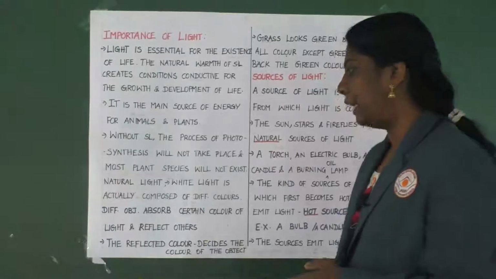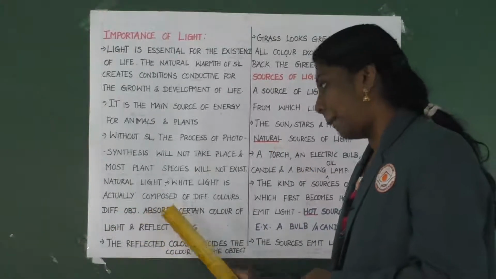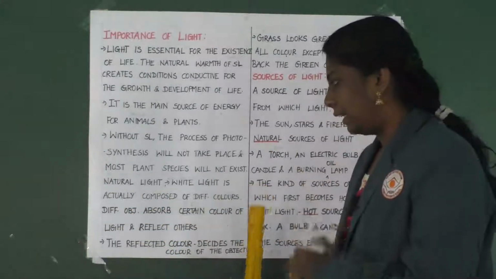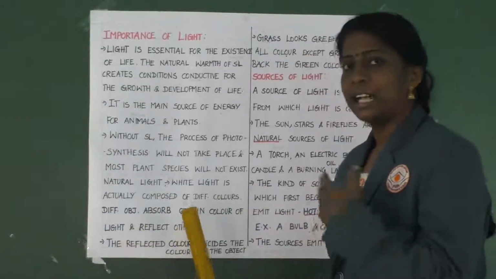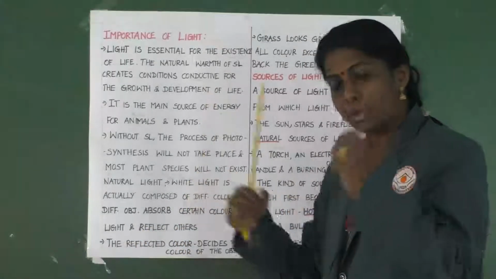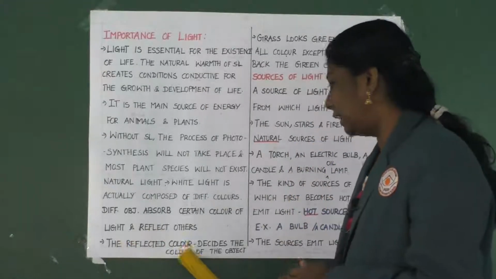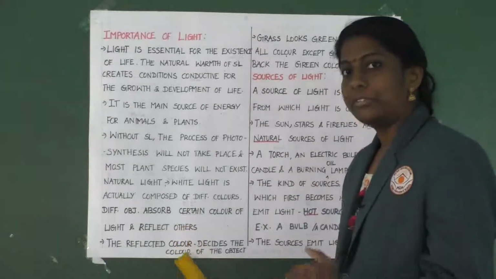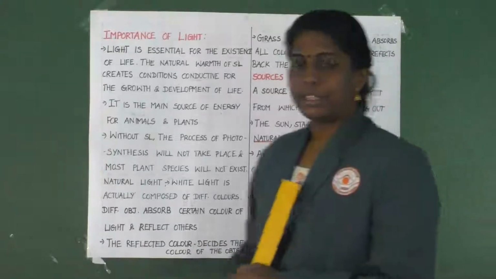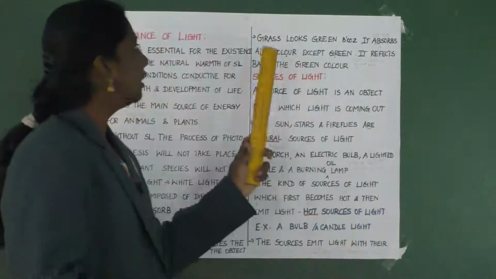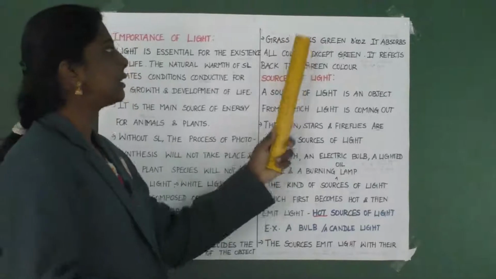So what is happening? Different objects absorb certain colors of light and reflect others. Okay, it is absorbing some colors and it reflects others. So the reflected color decides the color of the object. Say for example, grass. It looks green.